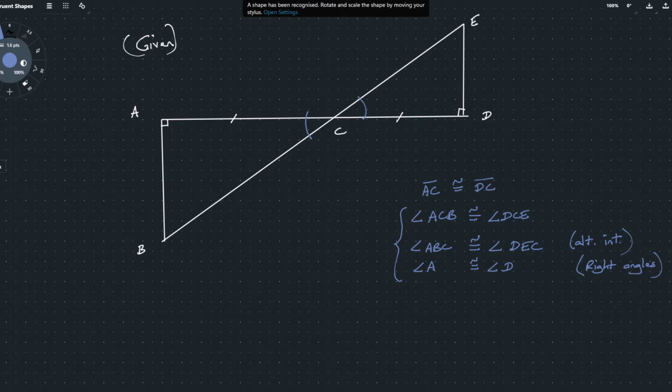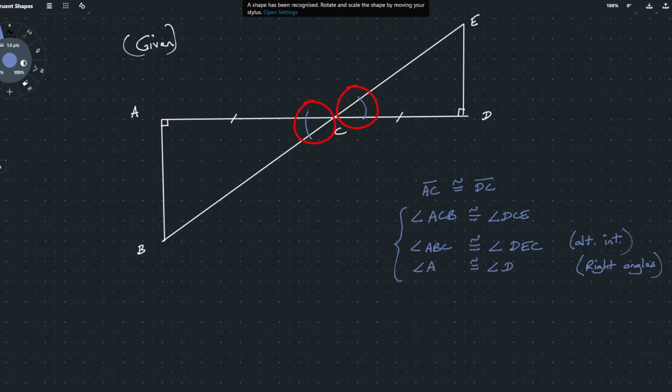Maybe I'm able to remember this. Maybe I can say, I know that the cosine of my angle is the adjacent side divided by the hypotenuse. So the cosine of angle ACB is going to be side length AC divided by side length BC.